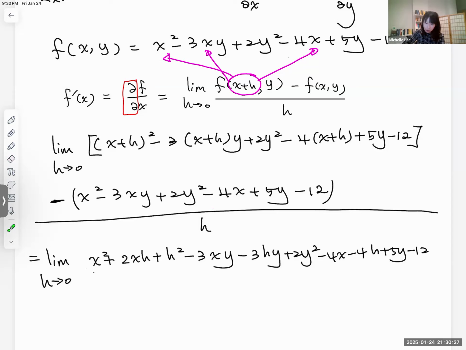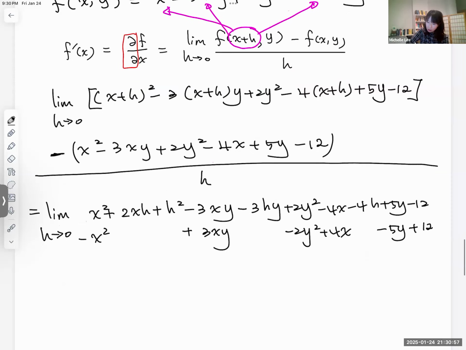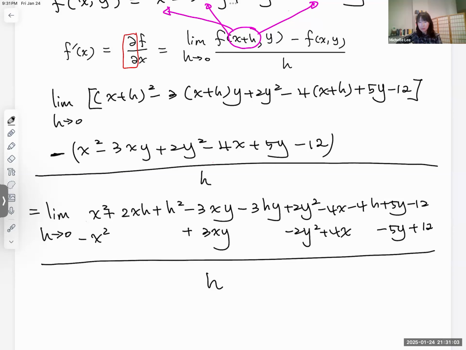Then we distribute to all the signs, so there will be negative x squared plus 3xy minus 2y squared, positive 4x minus 5y plus 12, over h. You guys follow me?